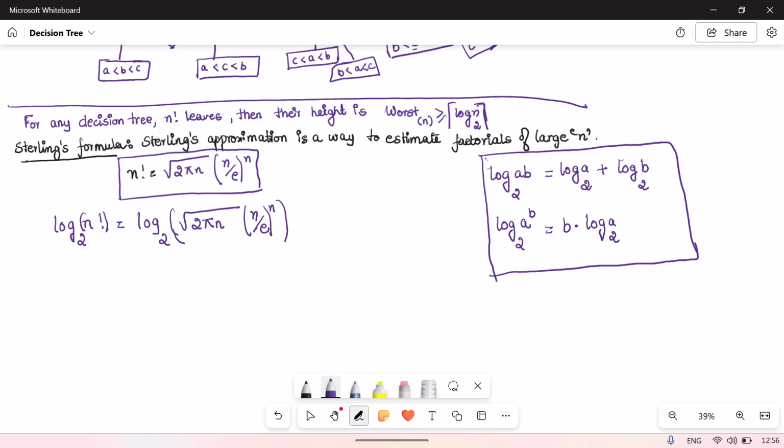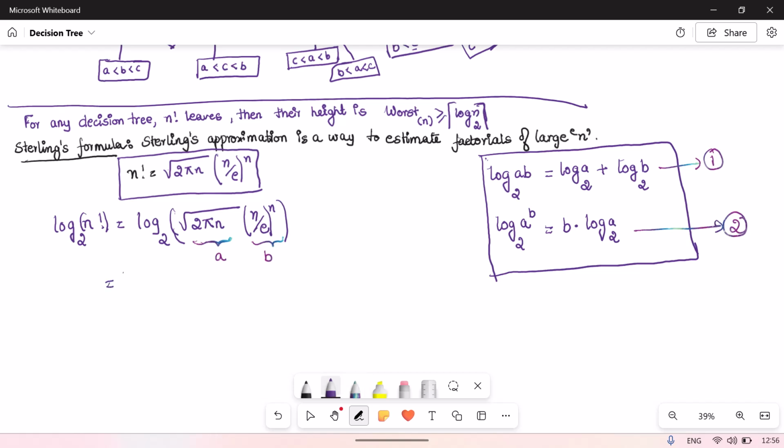This will be the formula, correct? N factorial. Now you see here, there are two terms basically. One term is this and the other term is this. Okay, let me call this formula 1 and this formula 2. See here, two parts are there. I'll assume this as A and this as B. Now I'll try to calculate them using that formula.